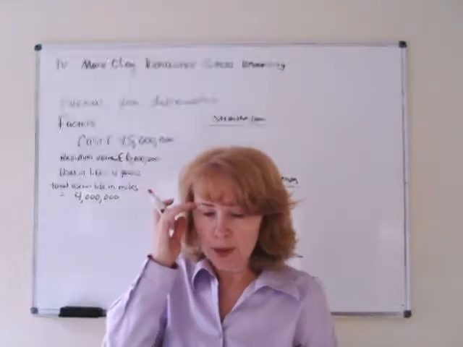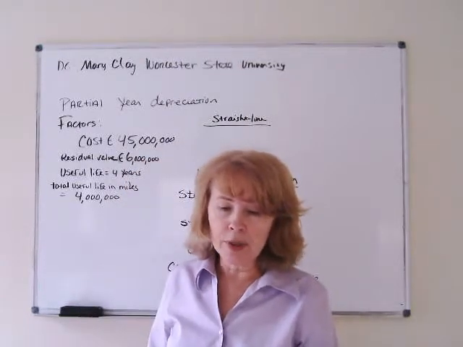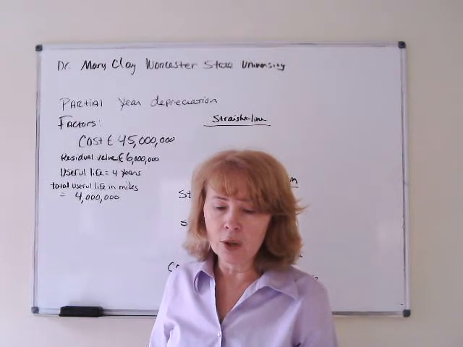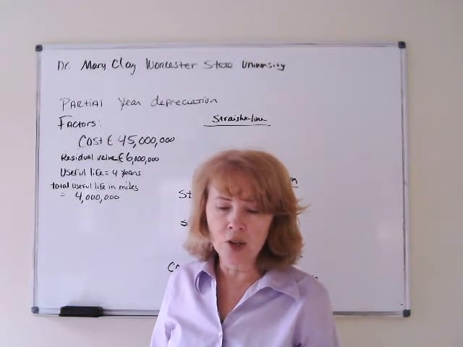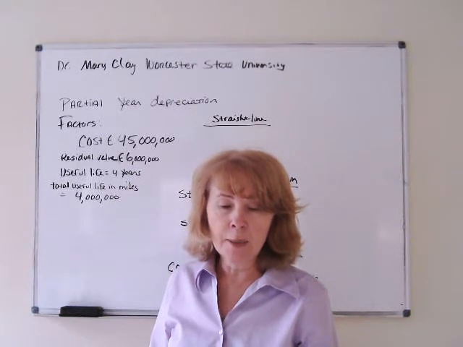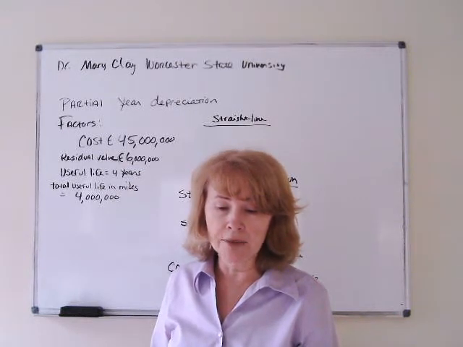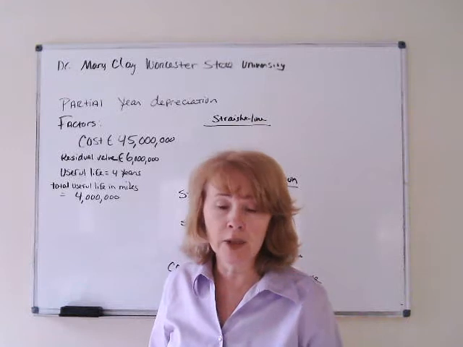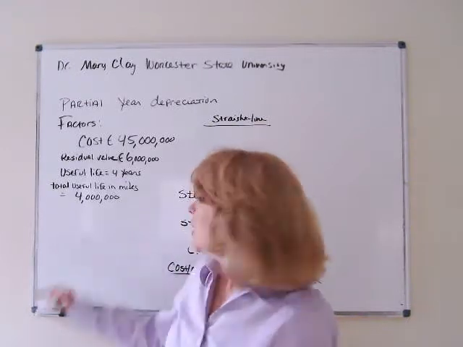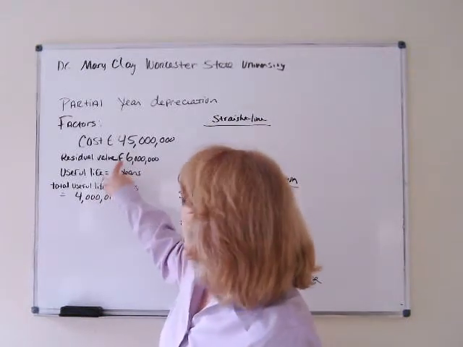Okay, here's the problem. Assume that on September 30th, 2017, EuroAir, an international airline based in Germany, purchased a jumbo aircraft at a cost of 45 million euro. The symbol for the euro is right here.